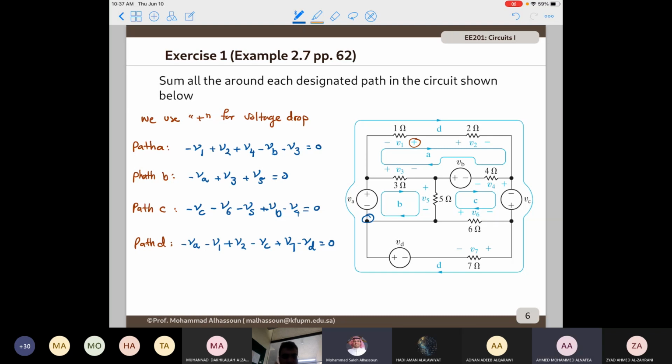No, as long as your summation is equal to 0, it should be fine. For example, you can move around loop A in clockwise direction and loop B in counterclockwise direction. Okay, thanks.